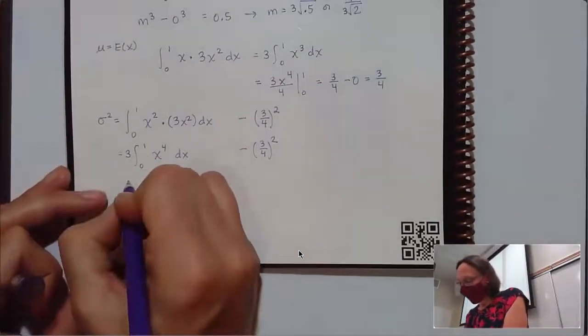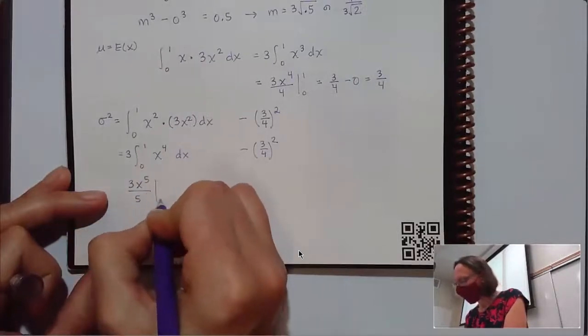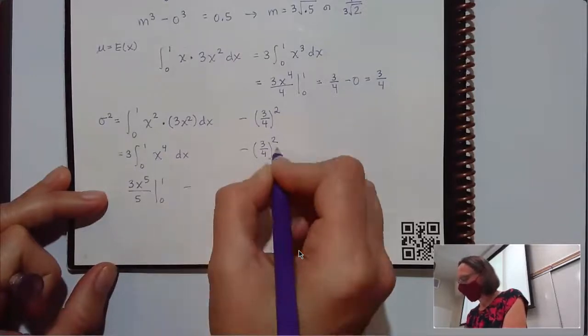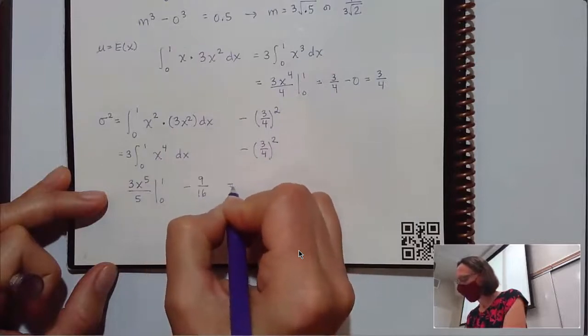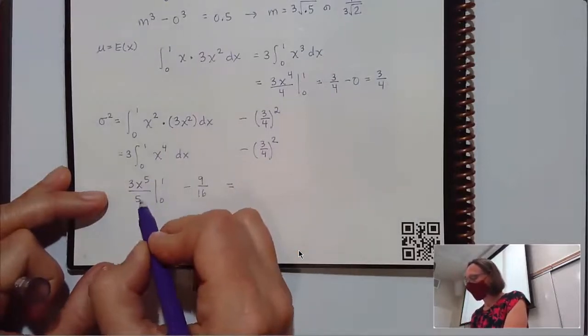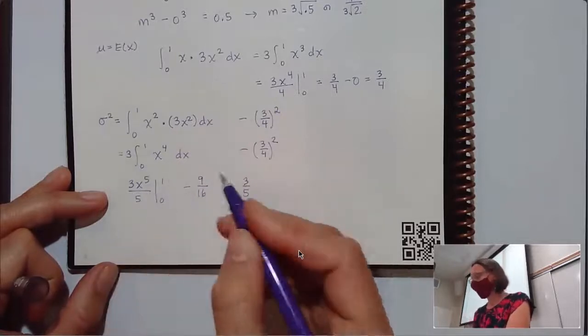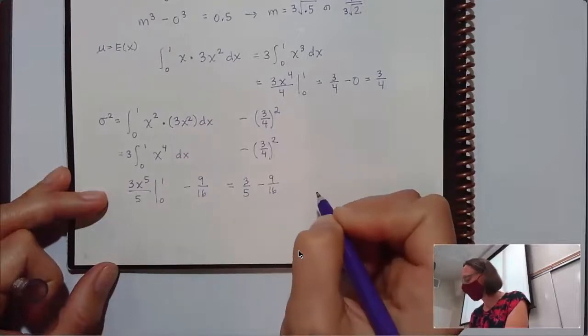If I integrate that, I'm going to end up with 3x to the 5th over 5 from 0 to 1. Minus, and I'll go ahead and square this now, that's 9 over 16. So when I plug in the 1, I'll have 3/5. When I plug in 0, I'll have 0. So I've got 3/5 minus 9/16.